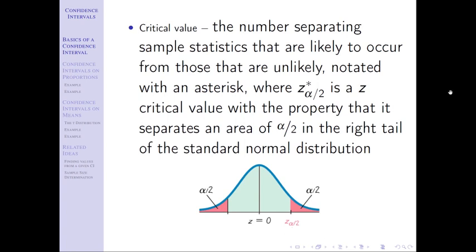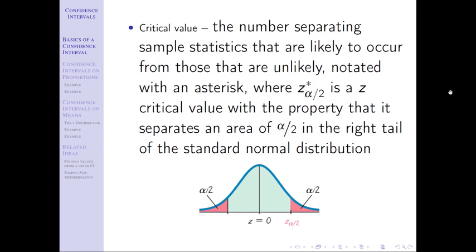Okay, so we're going to say z asterisk alpha over 2 is a z critical value with the property that it separates an area of alpha over 2 in the right tail of the standard normal distribution. I've drawn a little picture there for you. It's this idea that when we build a confidence interval, we have to have an upper bound and a lower bound, and we have to cut off some of the values to the right and some of the values to the left. Our significance level is alpha, and we have to put half of that alpha in the right tail and half of that alpha in the left tail.